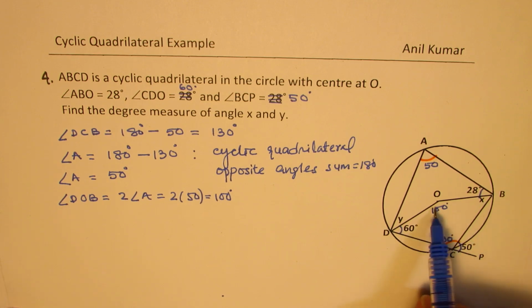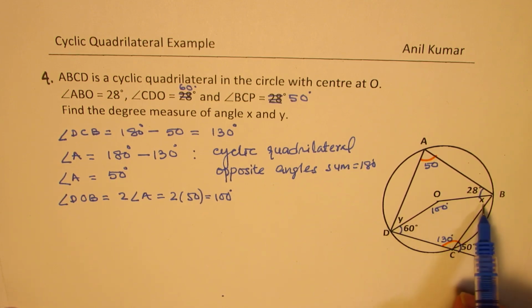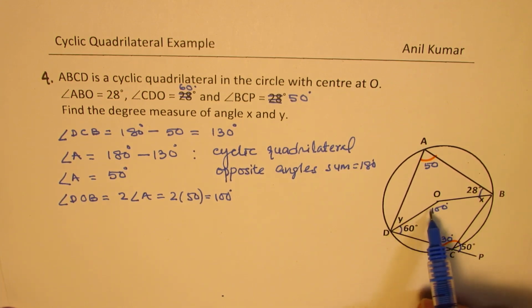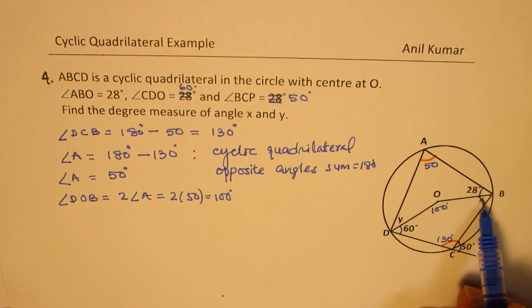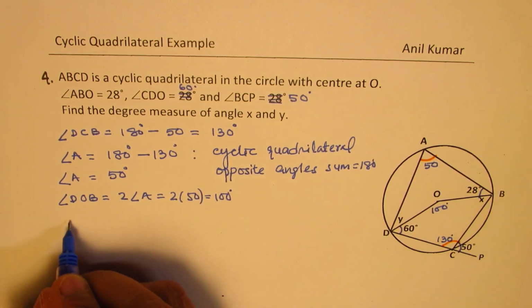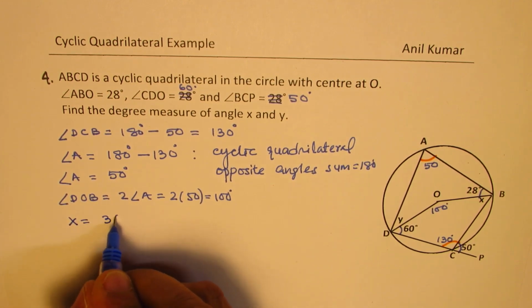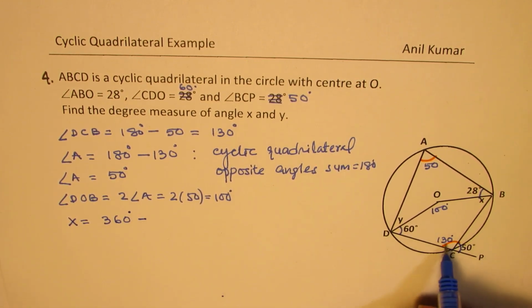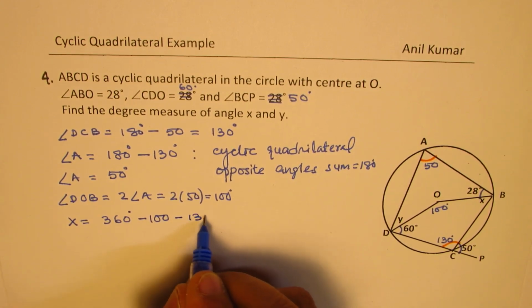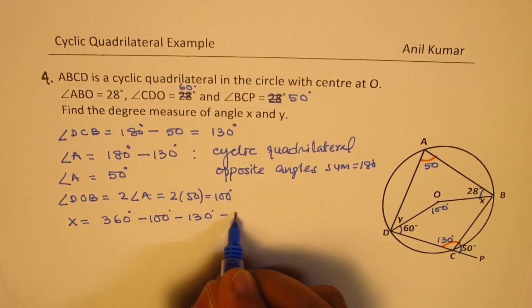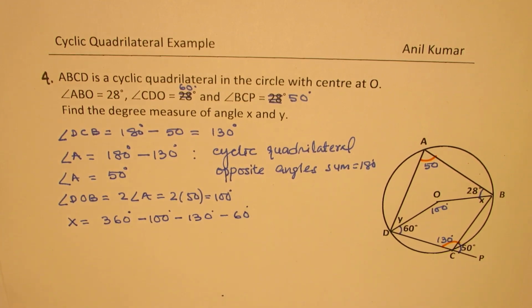So we have quadrilaterals. In these quadrilaterals, the sum of angles will be 360, so we can find x, correct? And here also we can find y, right? We can find it either way. So first let's find x. So x is equal to 360 degrees minus the sum of these, which is minus 100, minus 130, minus 60 degrees, correct?